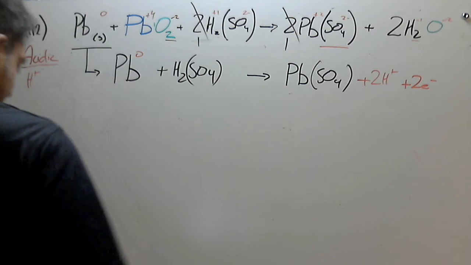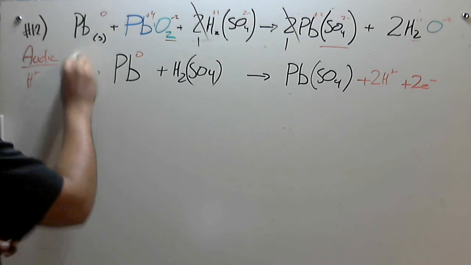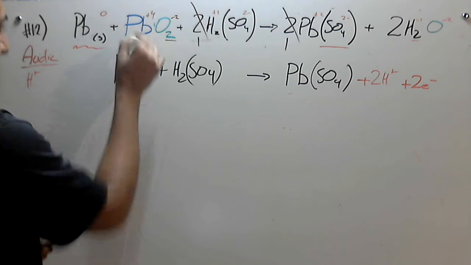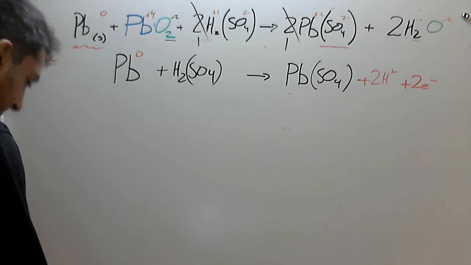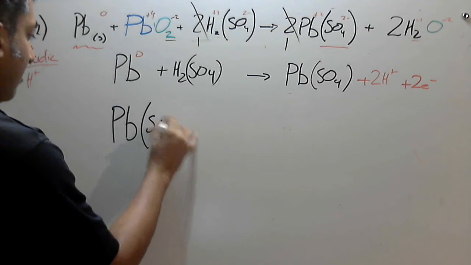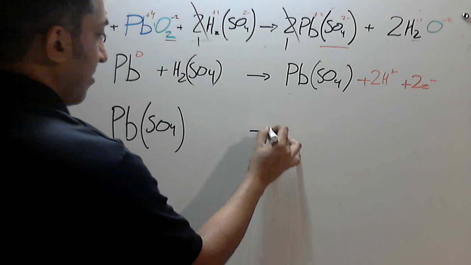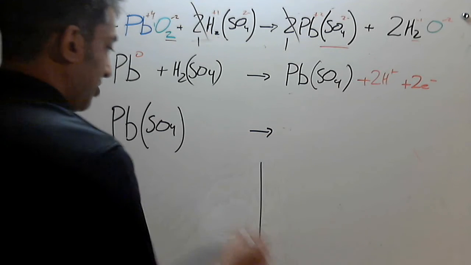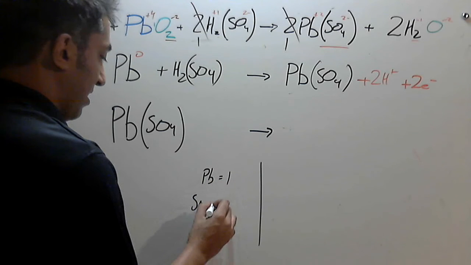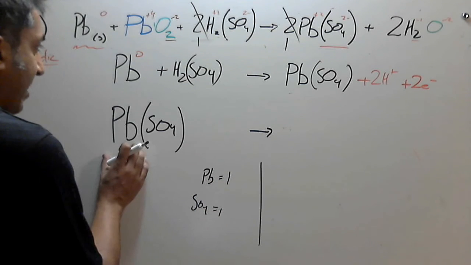We talked about this one already. This one's spent. This one's gone. Let's go to this guy, PbSO4. Let's put our arrow here and put it on a cheat sheet. PbSO4. We got 1. We got 1. I want to make a Pb out of this.